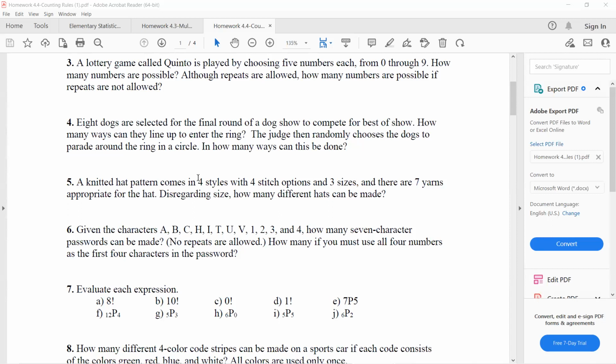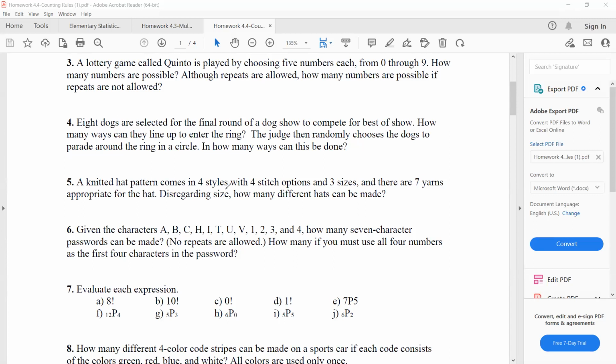A knitted, okay, so number 5, right? A knitted hat pattern comes in 4 styles with 4 stitch options and 3 sizes. And there are 7 yarns appropriate for the hat. Okay, but then she has this little caveat in there, because there's a little trick to this.